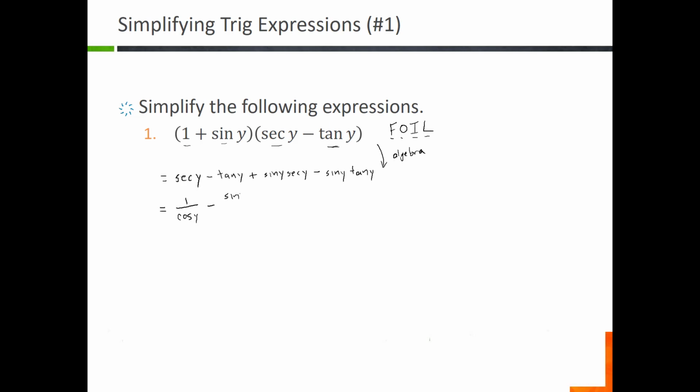Tangent, we know, is sine of y over cosine of y, plus sine of y times, we have another secant, so I could rewrite that as 1 over cosine of y. And then minus sine of y times another tangent, which is another sine y over cosine y.